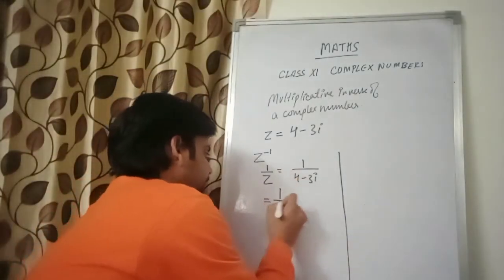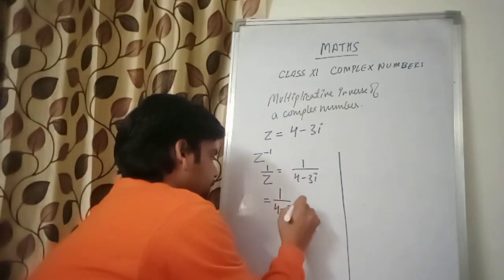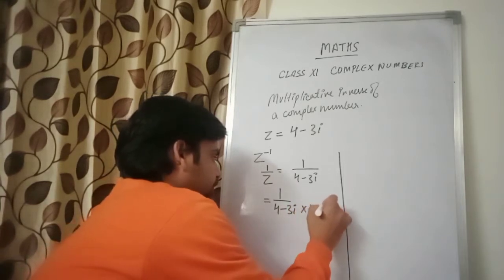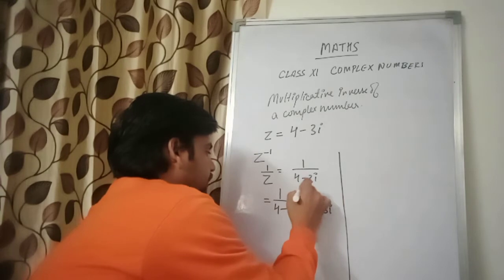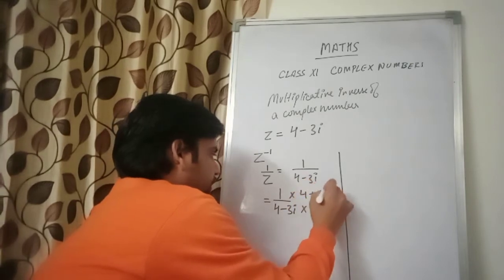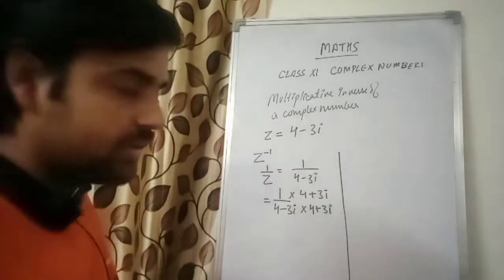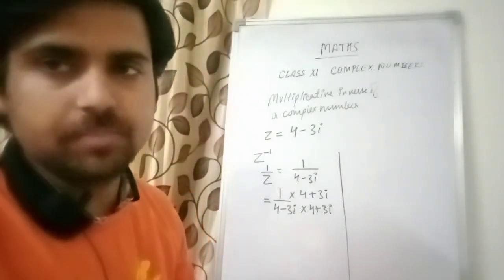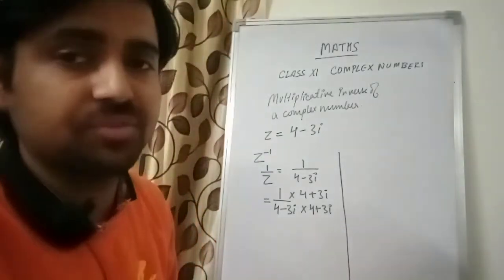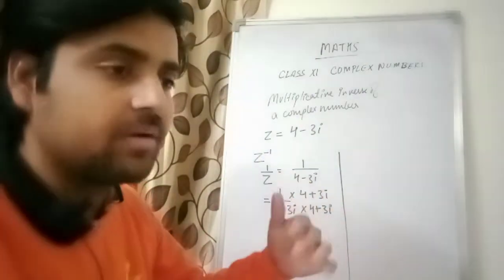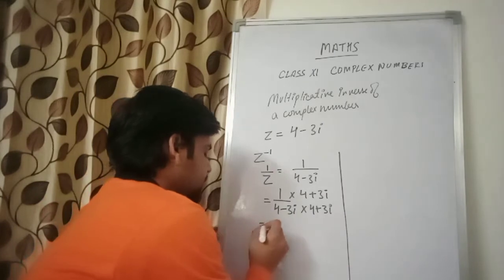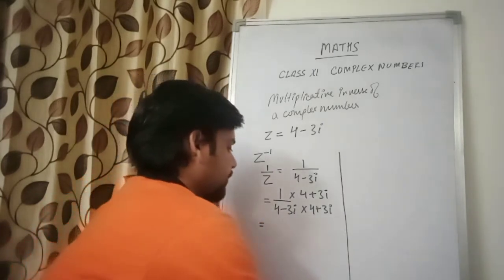So if I multiply numerator and denominator by the conjugate of the denominator, I will write this as 4 plus 3i. In a similar way I have to multiply the numerator also. Afterwards I will tell you the direct formula to find the multiplicative inverse. Here I am just explaining how to find it, though I have explained it earlier, so that it gets revised in your mind.